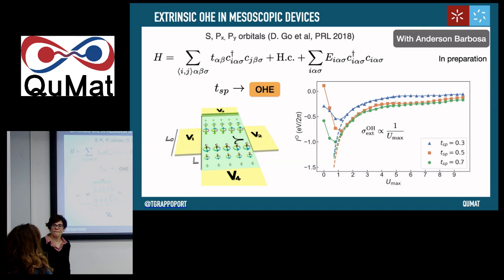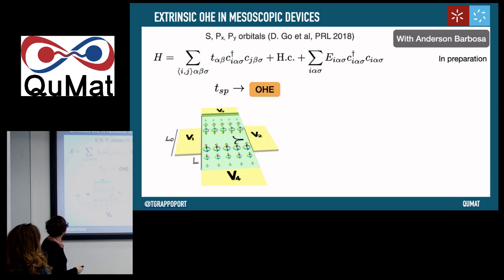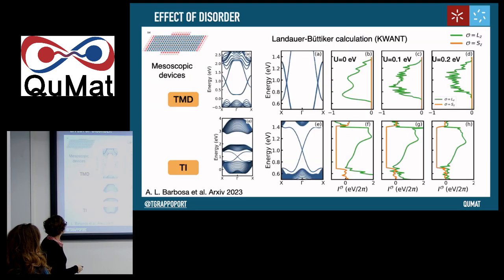Can one play with bands to imprint angular momentum, in higher bands? Yeah, you can have situations where you play with inverting bands, even without spin-orbit coupling. Actually, this is what you see here.